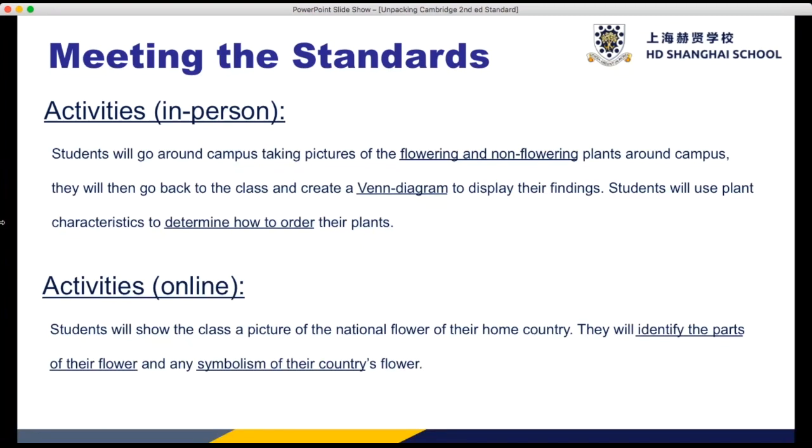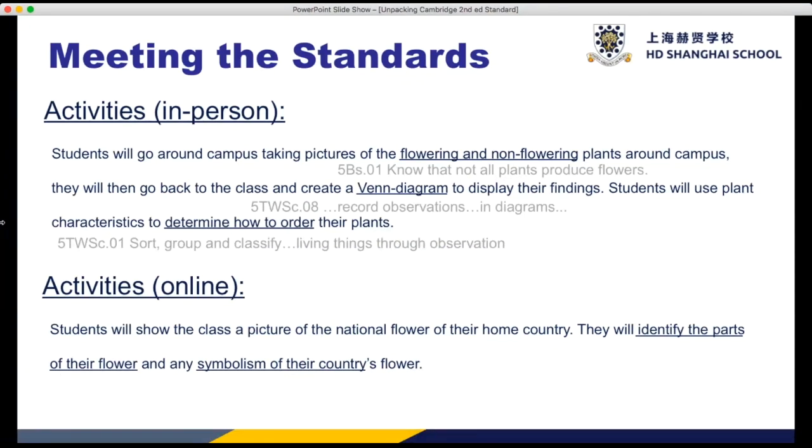The students will then use the characteristics of the plants to determine how they're going to order their plants in the Venn diagram. And so this activity ensures that we meet the standards by knowing that not all plants produce flowers. They will record observations and diagrams, and they will sort, group, and classify living things through their observations.